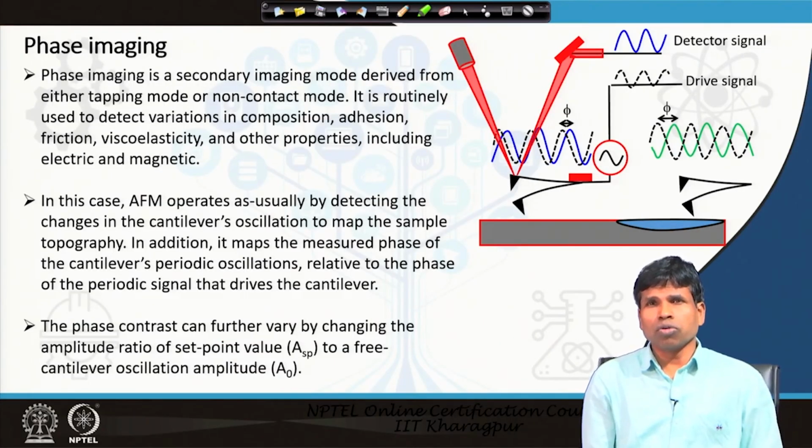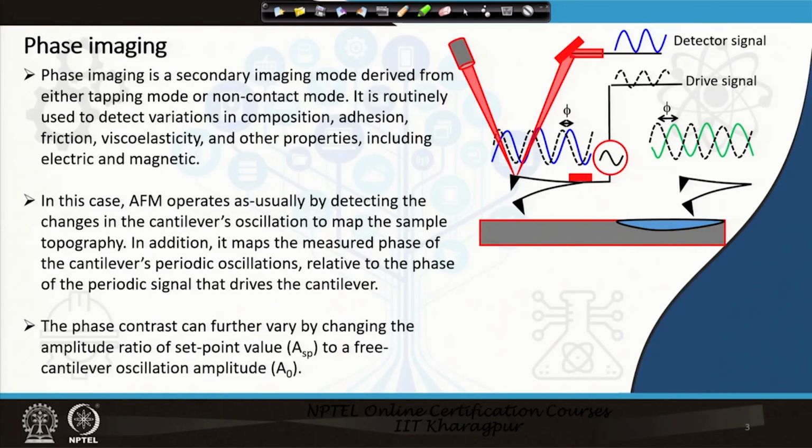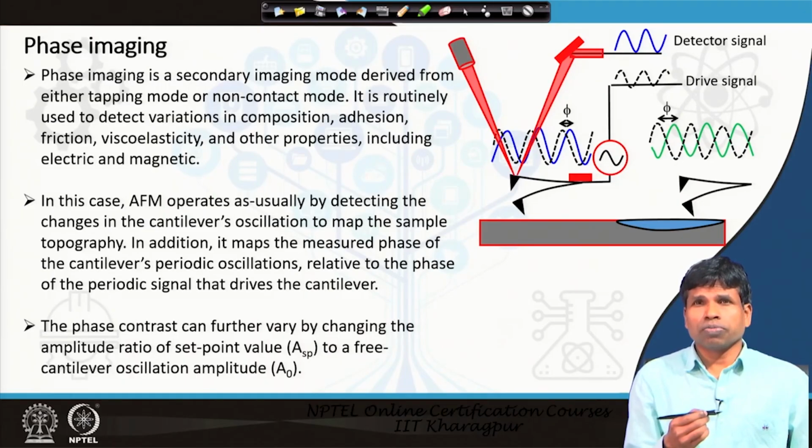I have briefly told you that when the probe or cantilever oscillates above the surface of a sample, not only do we measure how the amplitude changes, but we can also measure the phase shift of those oscillations.